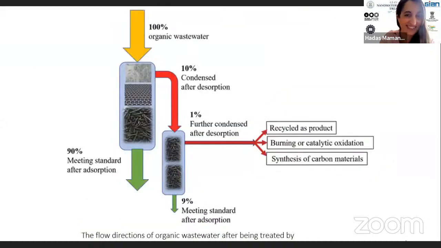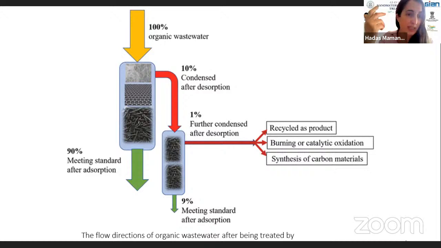Let's move on. Okay, so this is actually an important feature that I think we also must consider in reactor design. Based on the highly efficient absorption and desorption properties, condensation of organic wastewater could be realized, and how could that be done?